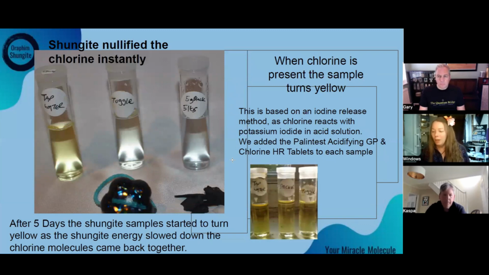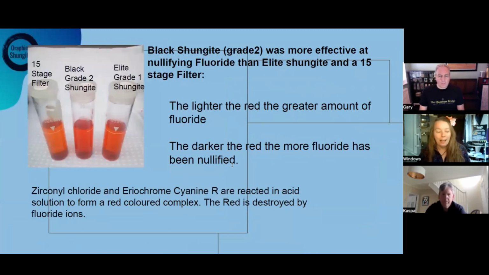So moving on, let's have a look at what I've got in front of me. We've done the fluoride and the chlorine. Now surface tension. Surface tension in water is very important. It's called the Keely kinetic electric effect. When I first researched that, shungite came up as one of the ways to make kinetic electric water.